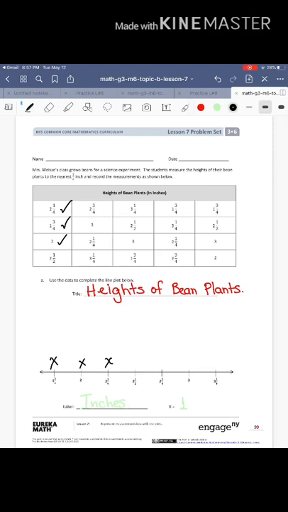You have to be very organized so you don't put the same number twice. 2 and 1/2. 2 and 3/4. 3. 2 and 1/4. 3 and 1/4.